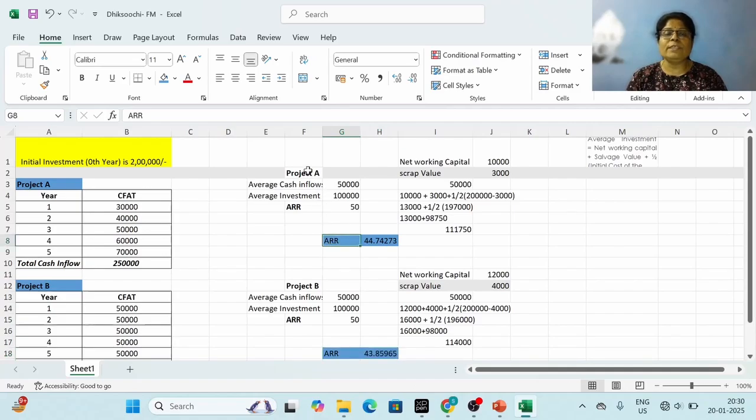So project A is giving more ARR than project B, so the investor will select project A. This is how one technique, the traditional method, can be applied by an investor to take a decision on which to invest in out of the available alternatives. This is about ARR. Hope you understand.